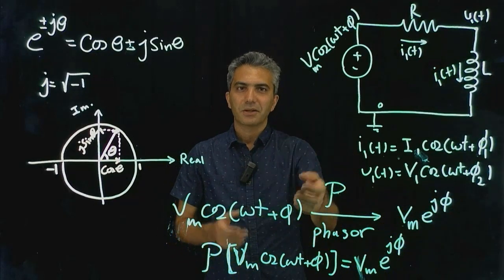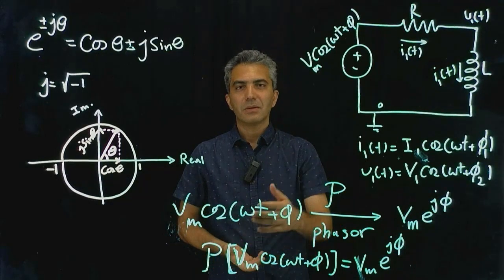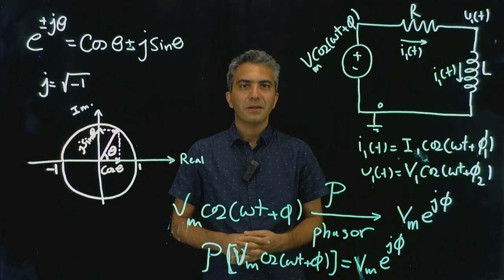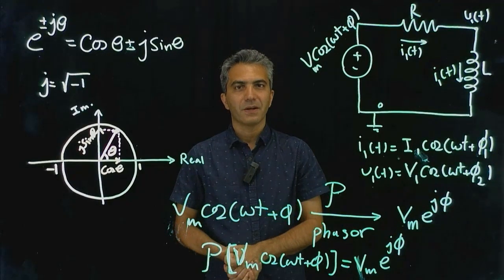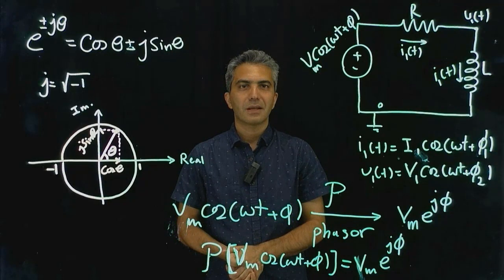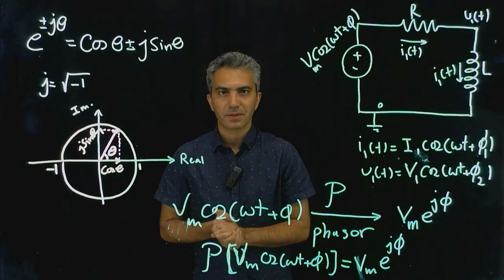And you're going to see later on, most likely in the next lecture, that that's going to simplify the circuit quite a lot for these specific kinds of signals, to an extent that I no longer need to do differential equations.